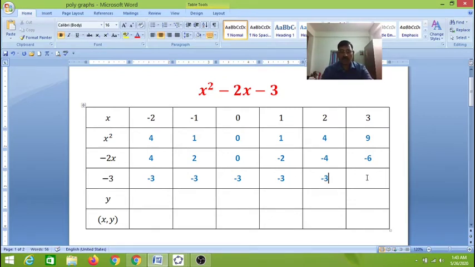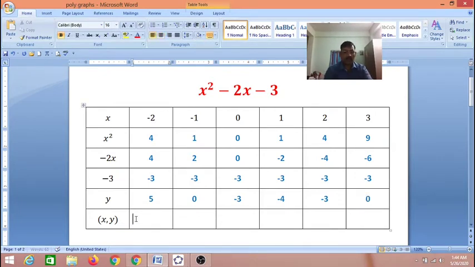Then simply add the values. 4 plus 4 is 8, 8 minus 3 is 5, then 1 plus 2 is 3, 3 minus 3 is 0, then minus 3, then minus 2 plus 1 is minus 1, then minus 3 is minus 4, then again minus 3, then 0.